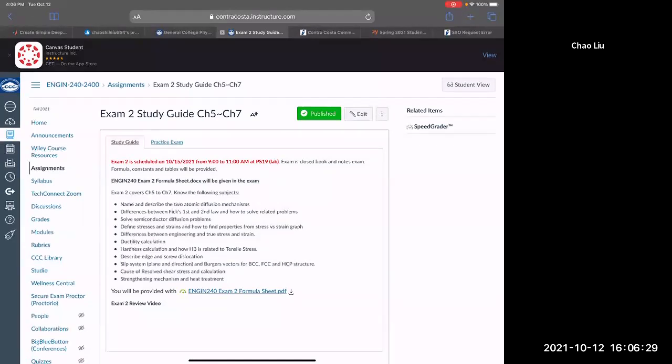You also need to know how to get stress and strain. If we specify a stress, can you identify whether it's in the linear region or in the plastic deformation region? We might also give you a strength and ask you to find what the strength is at that point.